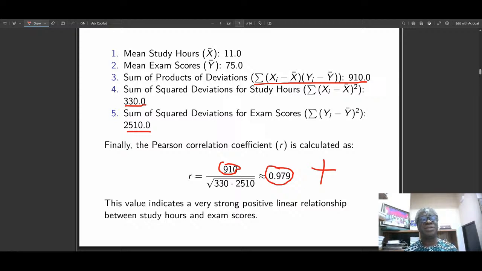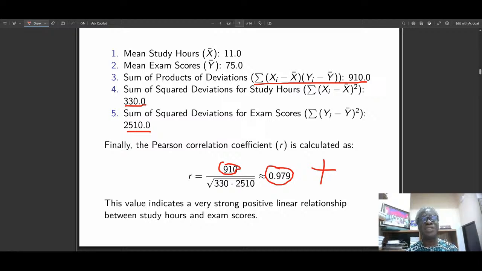So maybe you can collect your own data. I don't know how many courses you are taking. Just take record of the hours you spend studying each course, and also look at your performance in the course. Take the data and analyze yourself and see what kind of inference you can draw.